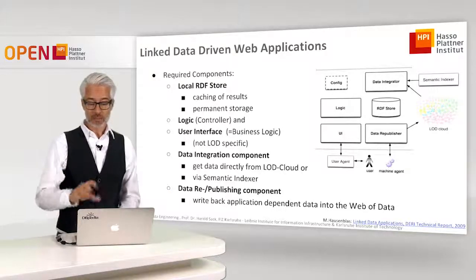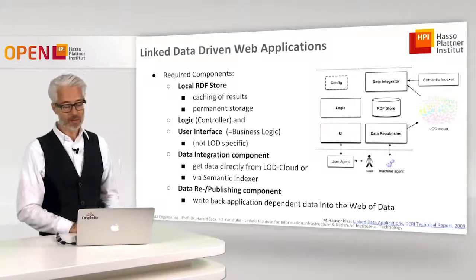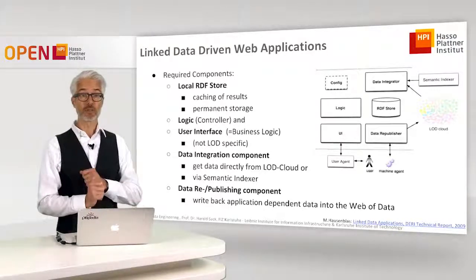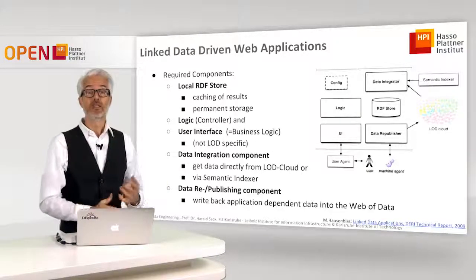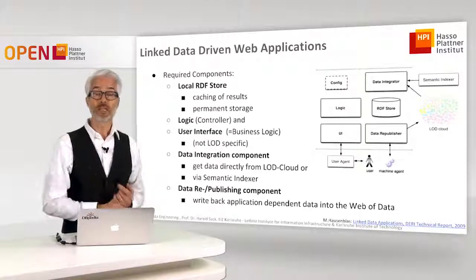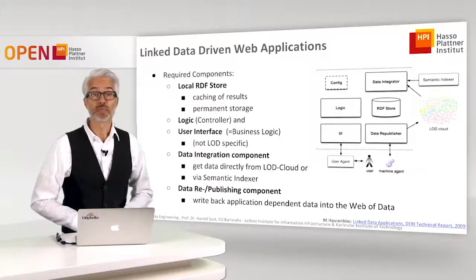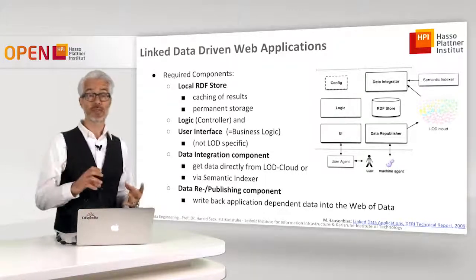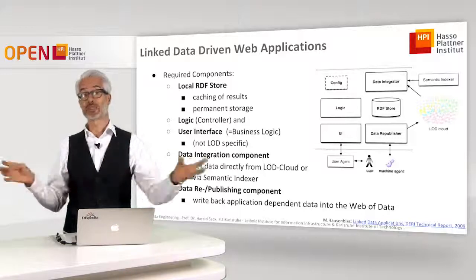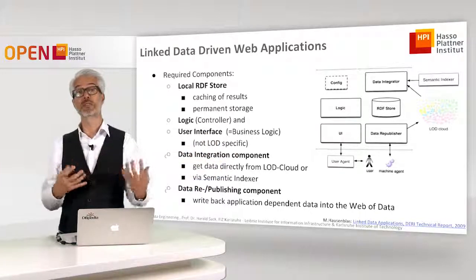What is important are these two components here called data integrator and data republisher. First of all, you need something like a data integration component. Usually you want to make use of data that is available somewhere out there in the linked open data cloud, and therefore you have to integrate it with your own data, or you're accessing several specific components from the linked open data cloud and you have to integrate them.